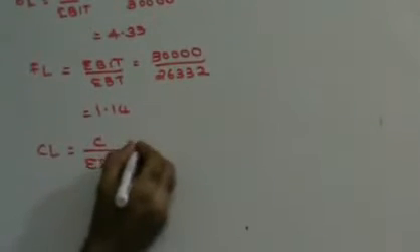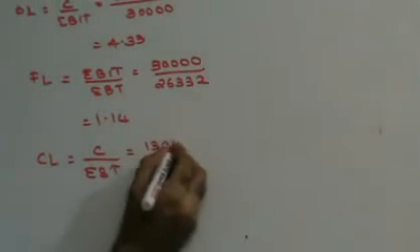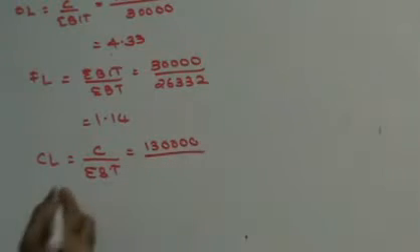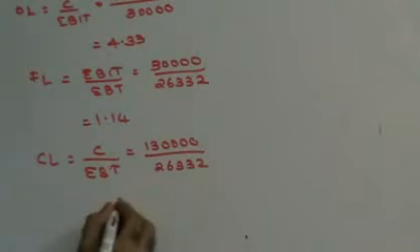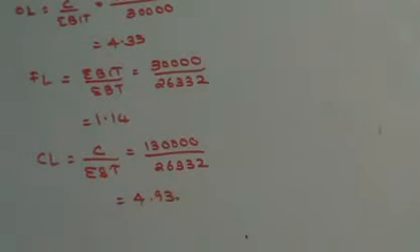Combined leverage: contribution upon EBT. Contribution is given to you as 1,30,000 divided by EBT. EBT is given to you as 26,332. 4.93. So simple, straightforward. You make the table and you calculate your three leverages.